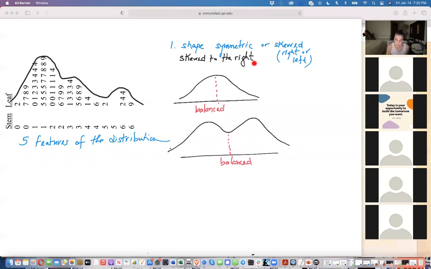It means that there's only a few observations that are high. There's only 4 observations that are higher than the other 46 observations, okay? So we call that skewed to the right in our case.